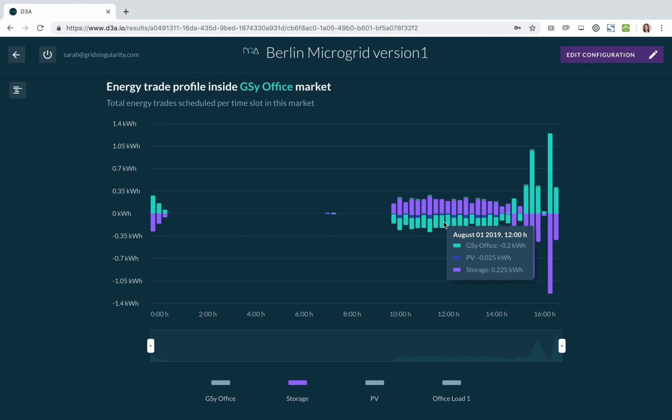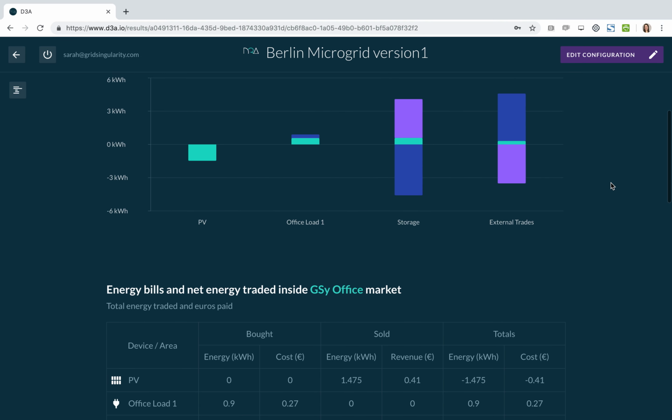So it's coming from the community PV production. So here when it says GSY office, that's what we call the inter-area agent, which is bringing bids and offers into and out of this GSY office market. And in this case, the storage is selling externally.